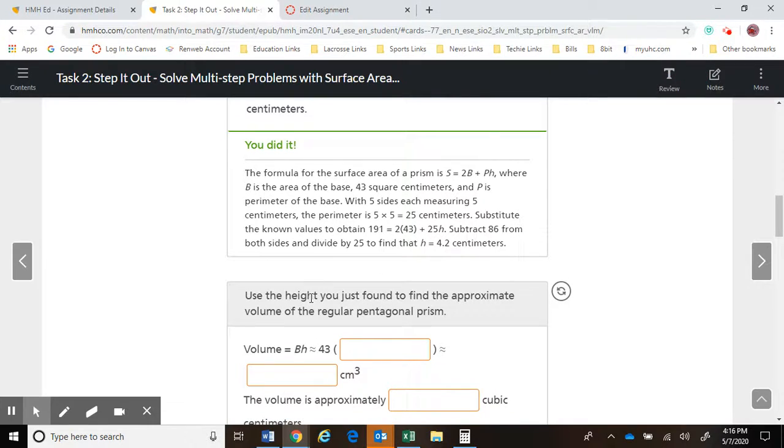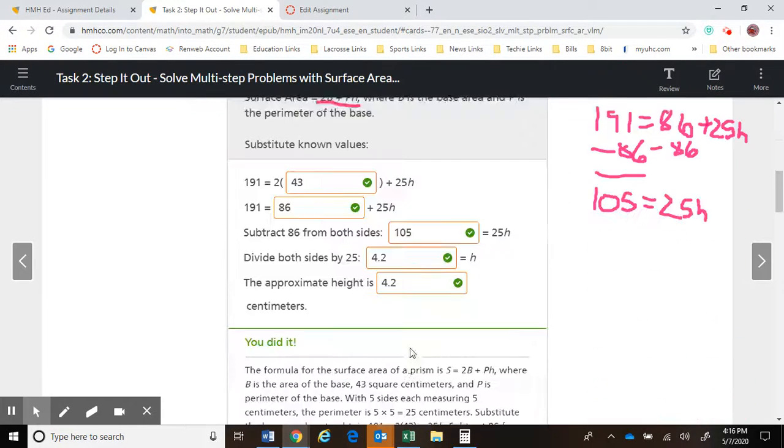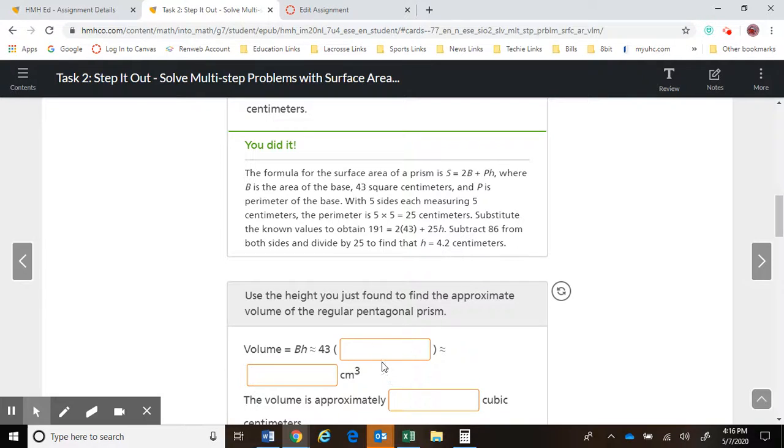Now, use the height you just found to find the approximate volume. Okay, so now there's that other formula. V equals capital B multiplied times H. So we've got B, which is the area of my base, right? And now I'm going to multiply that times my height.